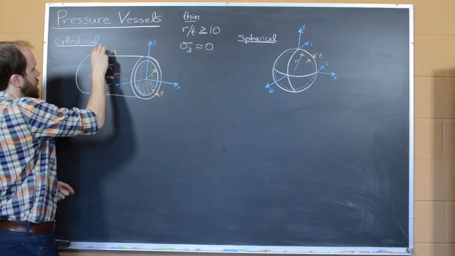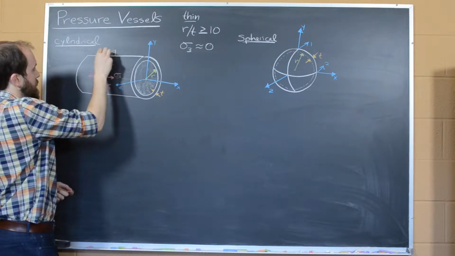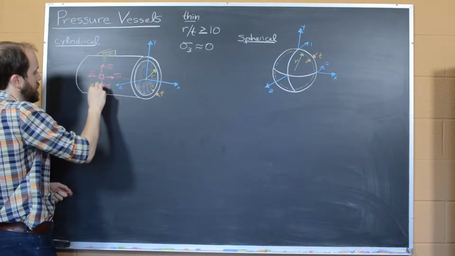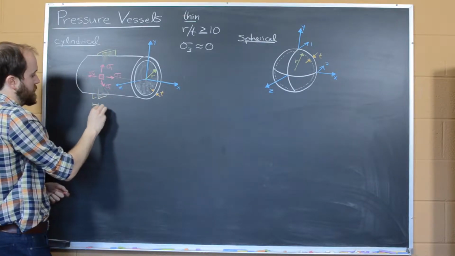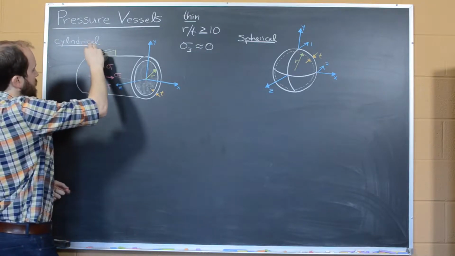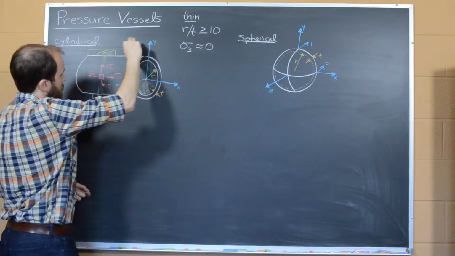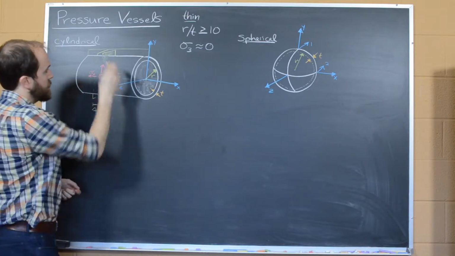And so we'll make 2 cuts here that are separated by a distance delta x. And then we're also going to cut along the x-axis here.